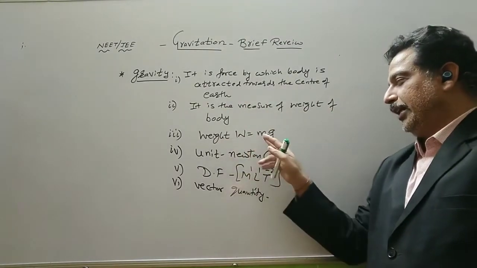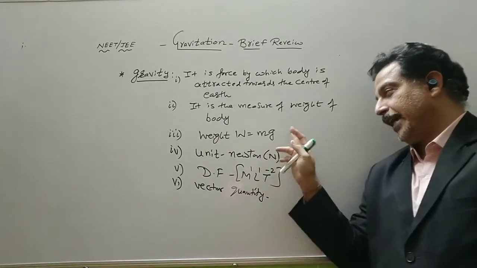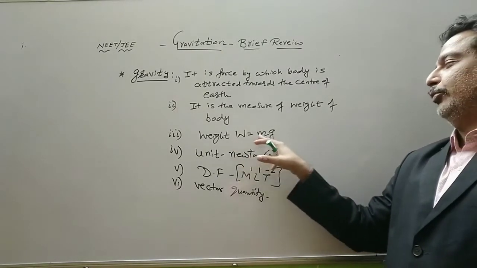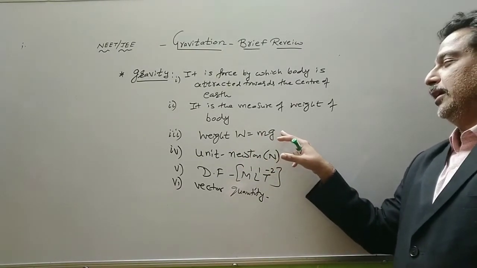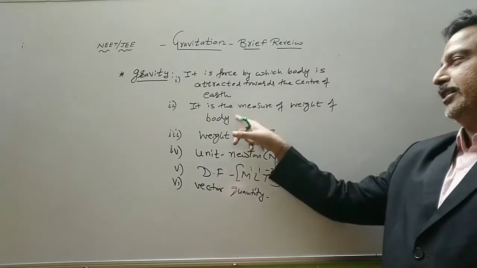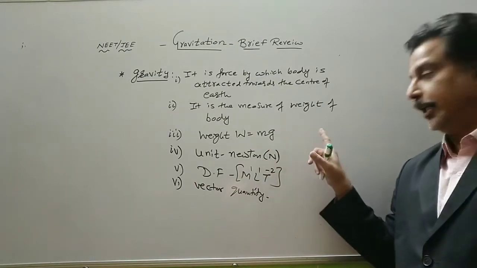The weight formula is mass into g. We will come to this acceleration due to gravity in the next topic. So the weight formula is mass into acceleration due to gravity. Then the unit, because it is a weight, or the formula is mg, it is Newton, that is kg meter per second square.